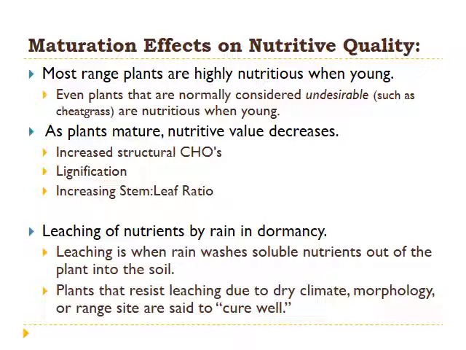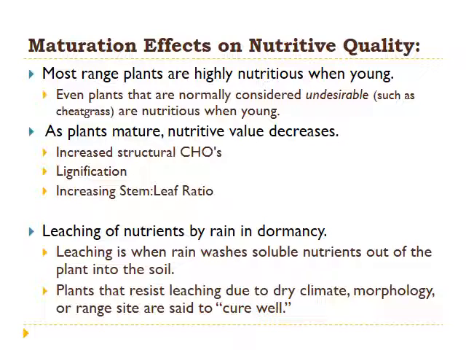Another problem, as the plant grows older, it elevates its stem, especially in grasses and forbs. The amount of material contributed by stem is greater than the leaf, so the stem to leaf ratio increases. All of those reasons lead to plants that have more structural carbohydrates and less cell contents.